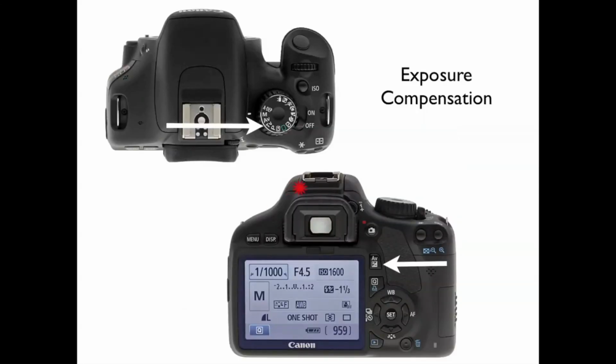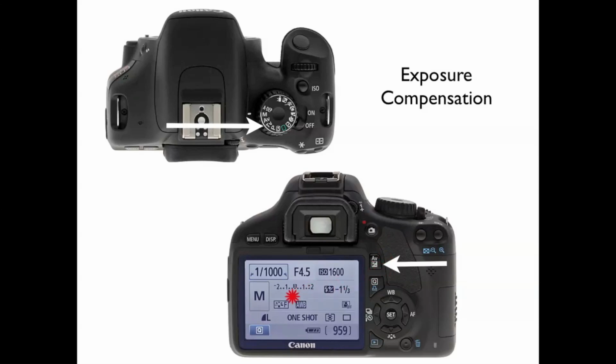Your exposure compensation button. When you're in aperture priority, shutter priority, or program mode, these three modes right here, the camera is going to give you a correct exposure. Now it's up to you to override that by pushing your exposure compensation button right here.